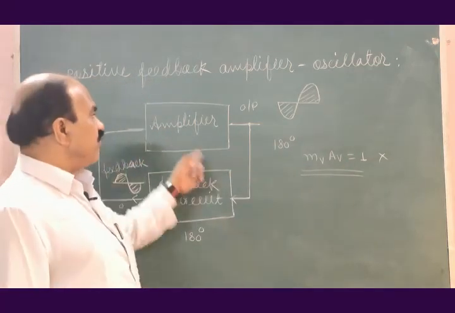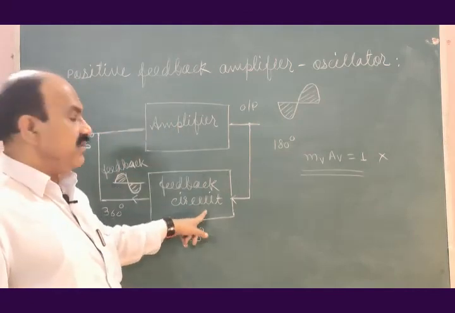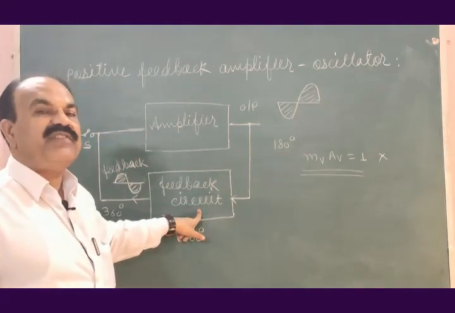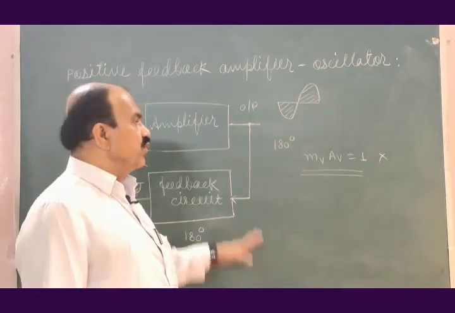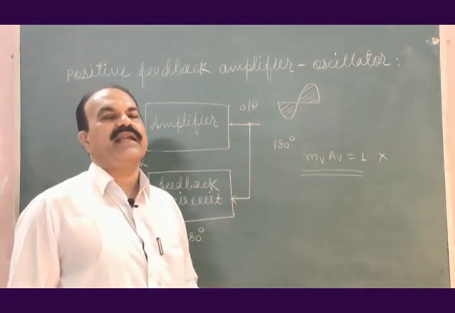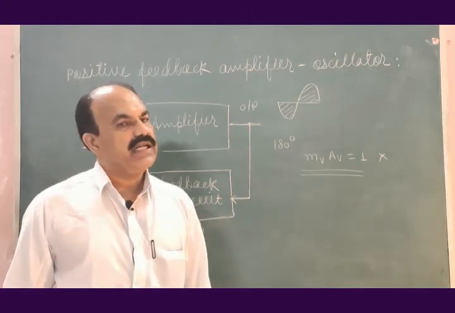That is, the product of voltage gain of the amplifier and feedback factor of the feedback circuit should be equal to 1. If this is true, this circuit will work as an oscillator.